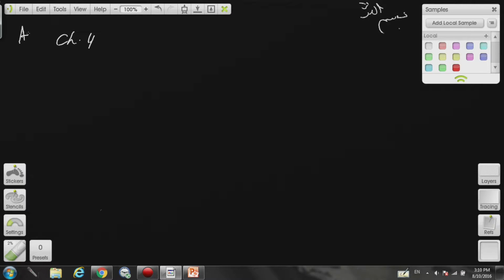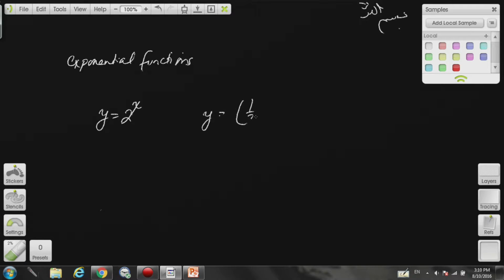We shall continue with Chapter 4 in Algebra 2. We have discussed in this chapter already exponential functions. And we have suggested the parent graph was this, and the other parent graph was this.